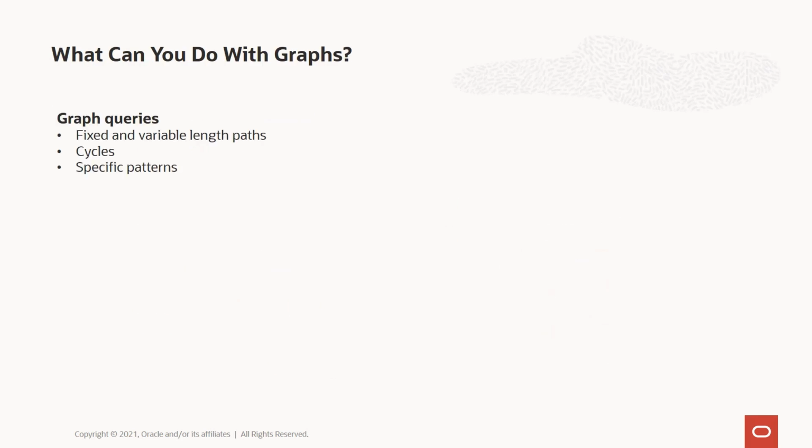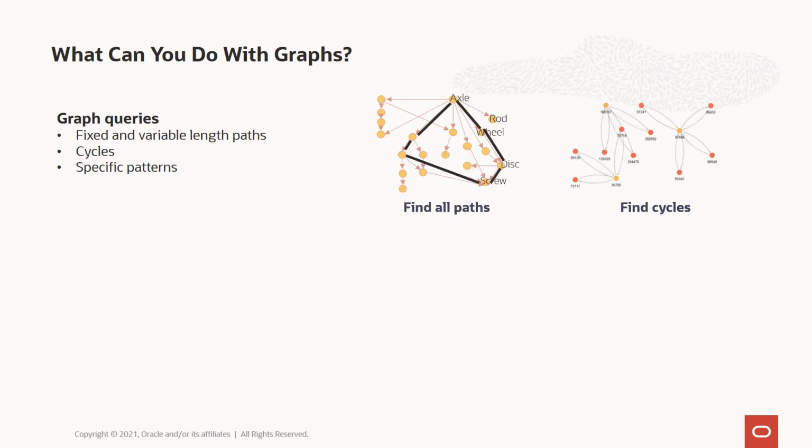And after you model your data as a graph, you can use a graph query language to find paths like variable length paths, fixed length paths. I want to see whether there is a path of length 4 between these two vertices. Or you can find cycles. Are there 3-hop cycles, 4-hop cycles, and so on.